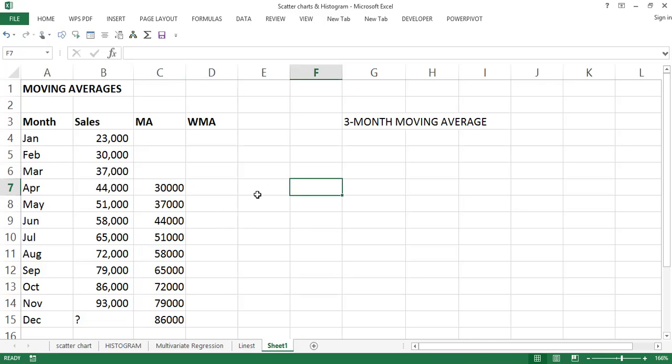Now, if I were to do it this way, if I were to say equals January divided by 3, plus February divided by 3, plus March divided by 3, would I have gotten the same answer as this one?